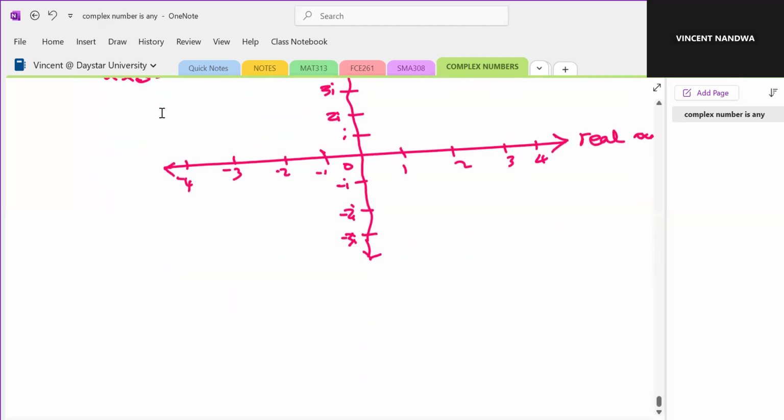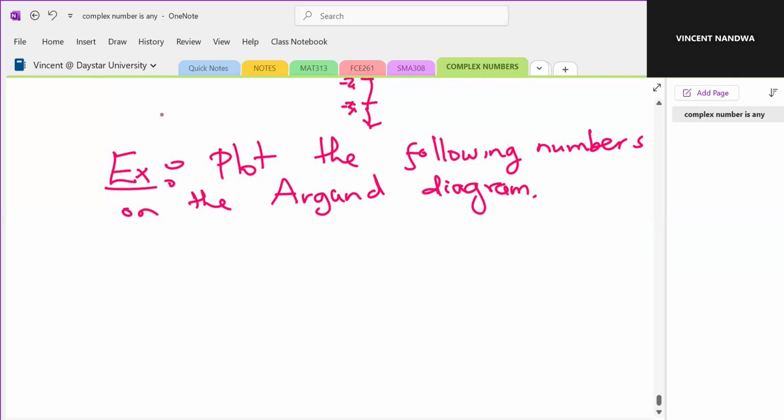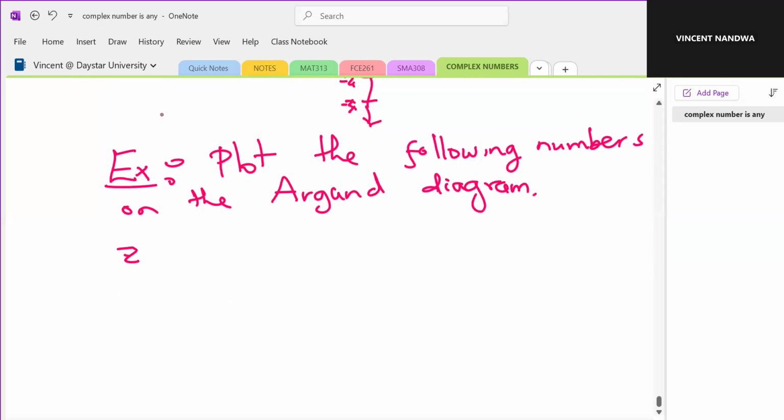So as an example, plot the following numbers on the Argand diagram. Z1 is 2 plus 3i. Z2 is 3 plus i.